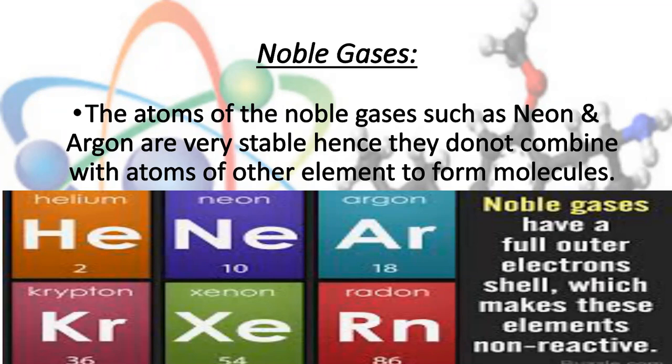And the atoms of noble gases such as neon, argon, krypton, xenon, and radon are very stable. They can survive without taking or giving any electrons. So they do not combine with atoms of other elements to form molecules.